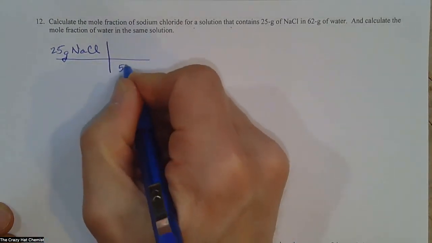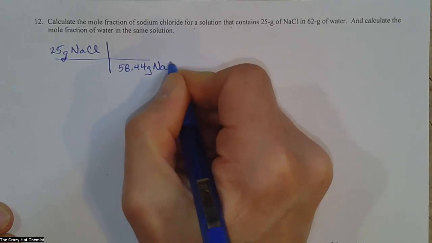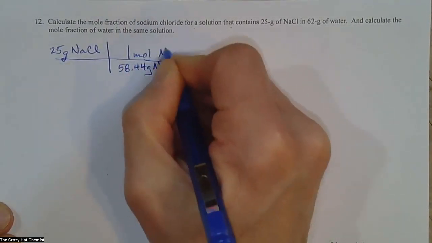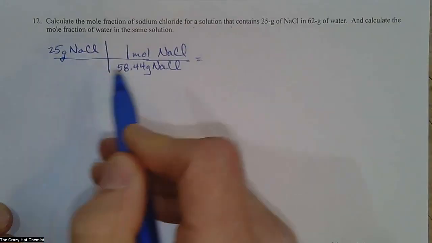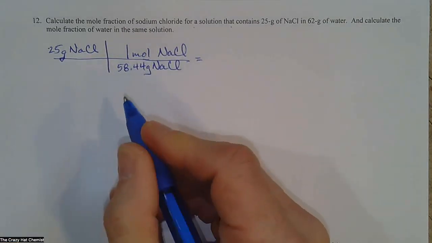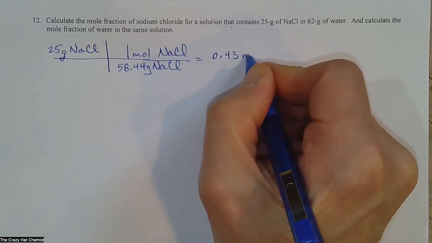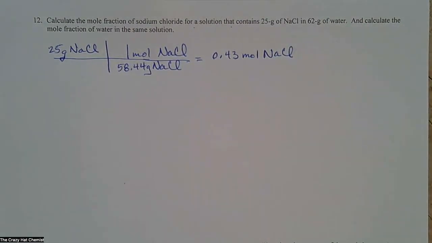So that is 58.44 grams NaCl, which is equal to 1 mole of NaCl. Then I'm going to take 25 grams divided by 58.44, and I'm going to get 0.43 moles of NaCl. So that's the moles of the sodium chloride.